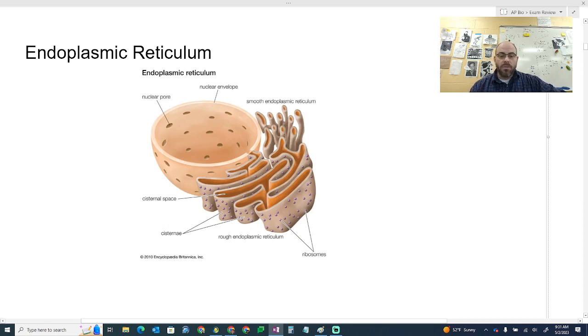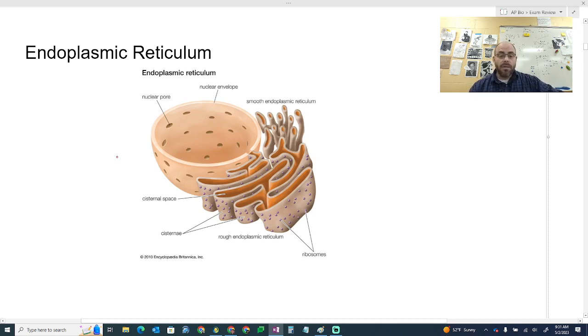And the smooth ER has a number of functions. It could be membrane lipid synthesis, like phospholipids that are part of the cellular membrane, detoxification of cellular components, and there are different kinds of smooth ER located in different sorts of cells that have other functions, like muscle cells have a special smooth ER that is a place for calcium storage and disposal.